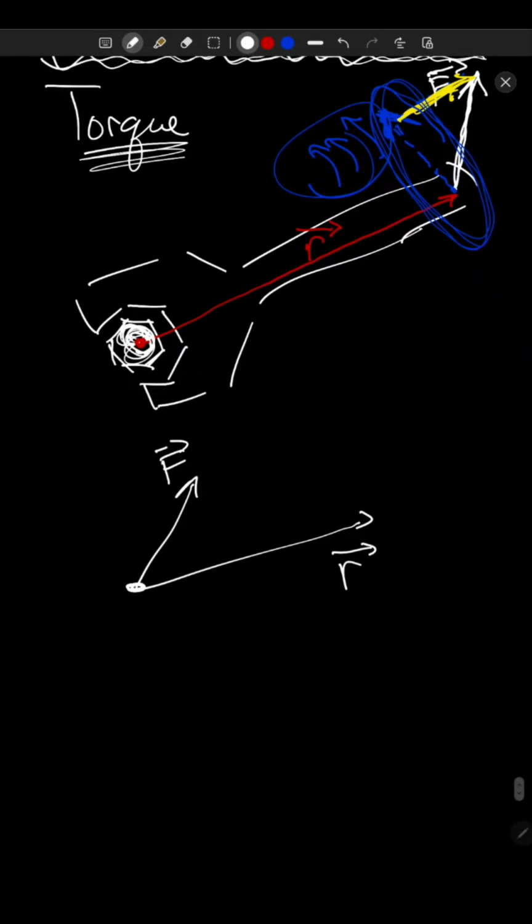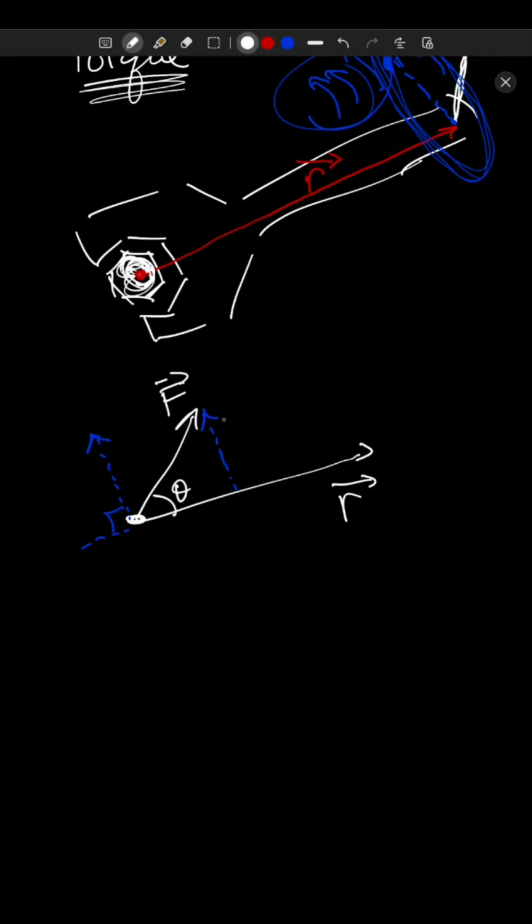The vector that matters is this one right here, and again, it's perpendicular to R. Let me draw it also here. The angle between my two vectors, theta, is right there, the usual angle between the two vectors that we've been working with day after day.